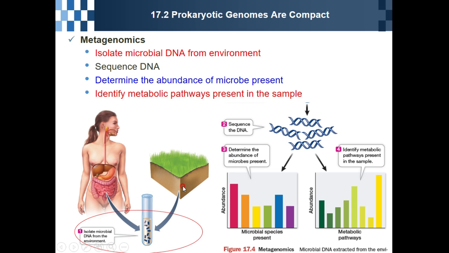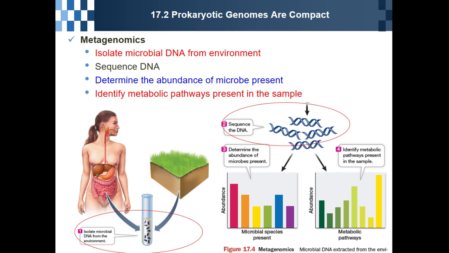In the soil or in the large intestine, we have lots of microbiome. In your intestine, there are maybe more than 10,000 microbial species. Or in the soil, there are lots of microbiome located there. So we can isolate the microbial DNA and do sequencing.